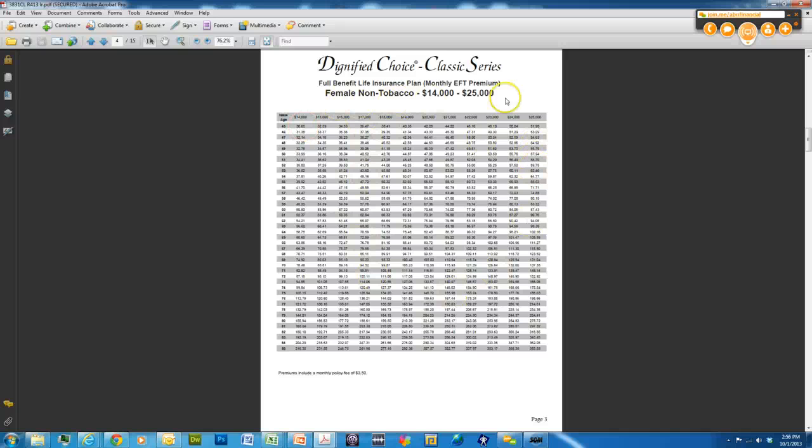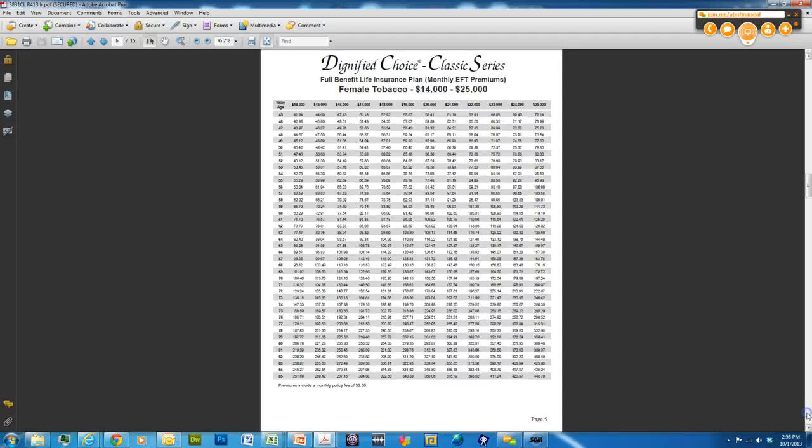You've got to make sure at the top that you're in the right place. Our guy is a male. This is female tobacco, male non-tobacco. So this is where our buddy would go, 2,500 to 13,000. He's 70. So right here, I would look at these rates and you just pull it off.